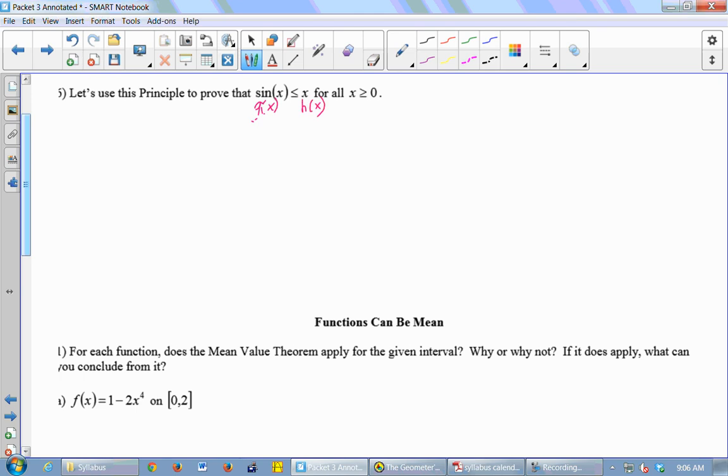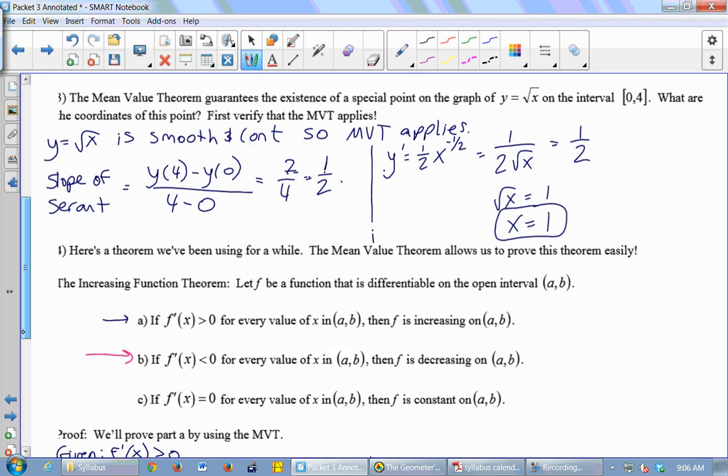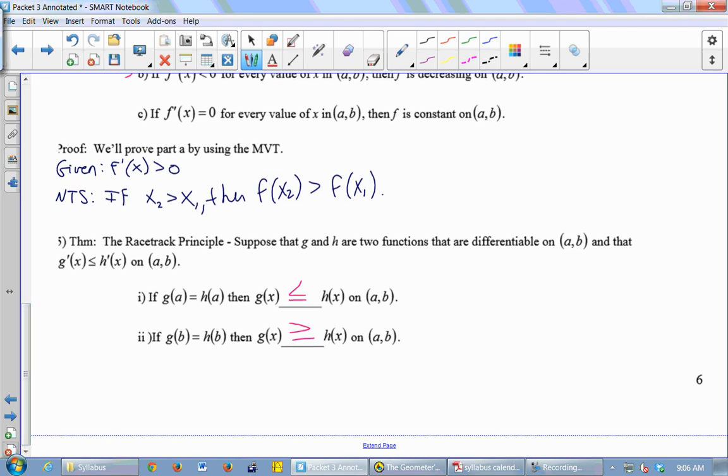So I want to apply the racetrack principle. I can conclude that g of x is less than or equal to h of x if g of a equals h of a, right? And g prime is always less than or equal to h prime. So I need to show two things. I need to show that and that to conclude that.